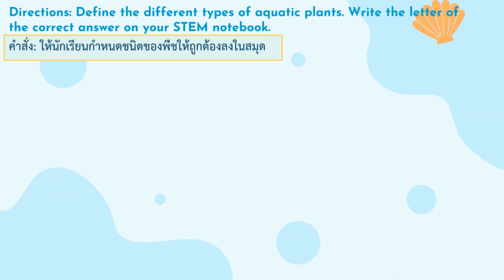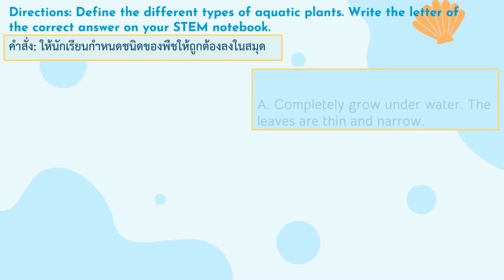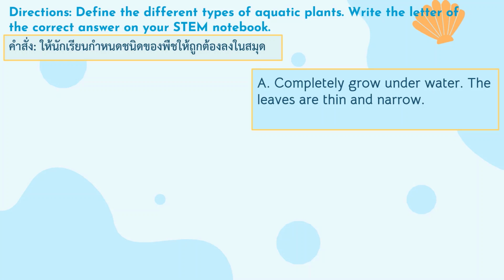Directions. Define the different types of aquatic plants. Write the letter of the correct answer on your STEM notebook. Good luck! Here are the choices. Letter A. Completely grow underwater. The leaves are thin and narrow.